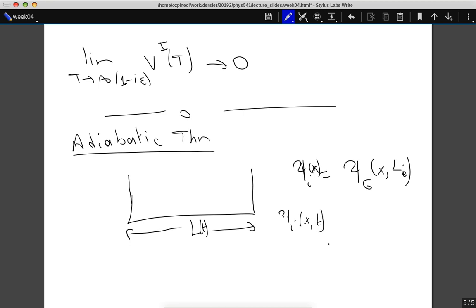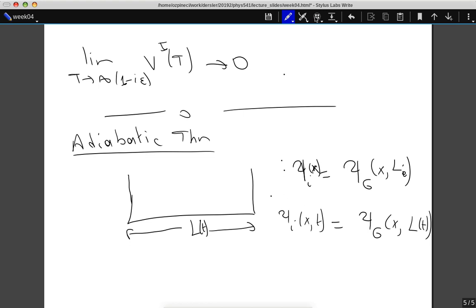What the adiabatic theorem tells us is, if in this case L, or whatever parameter you have, changes very slowly, at the time t your system will still be in the ground state corresponding to the value of your parameter at that time.